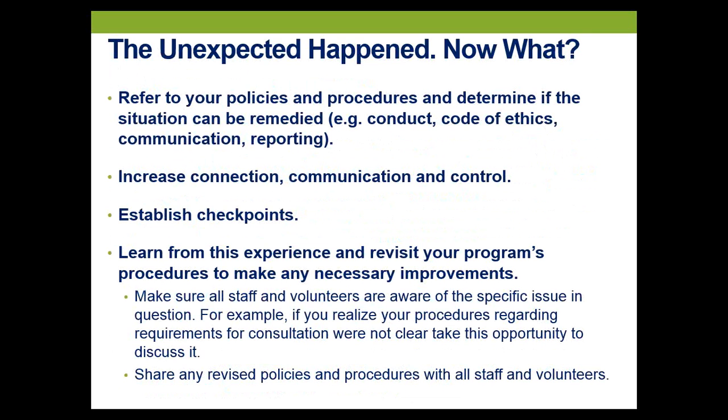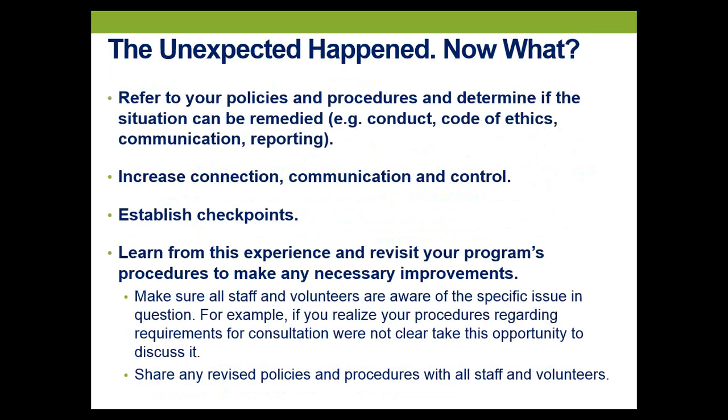So those bullet points of what I gave you is kind of what you need to rely on and kind of have a framework to respond to situations. The unexpected happened, now what do you do with it? First things first, always refer to your policies and procedures and determine if the situation can be remedied. Look at your code of conduct, code of ethics, communication, and reporting requirements.